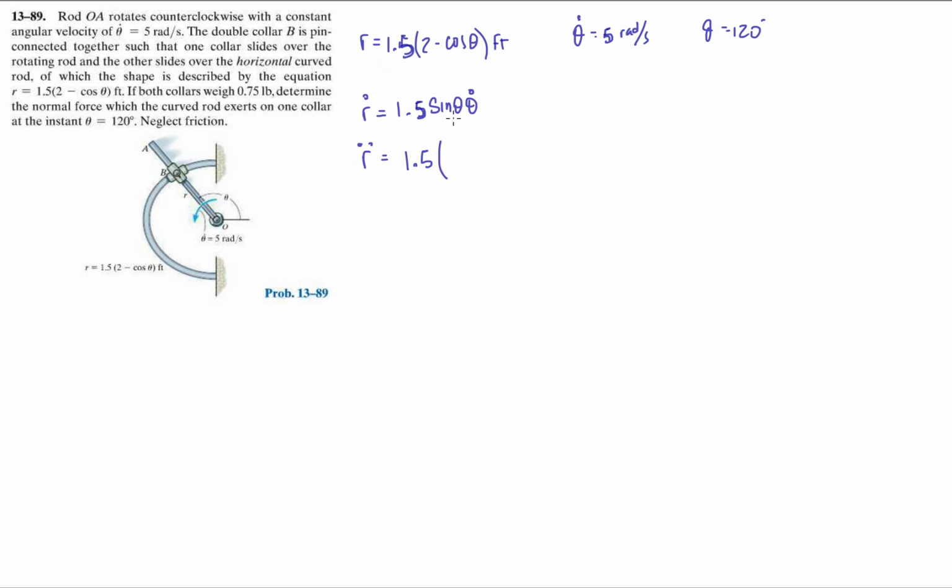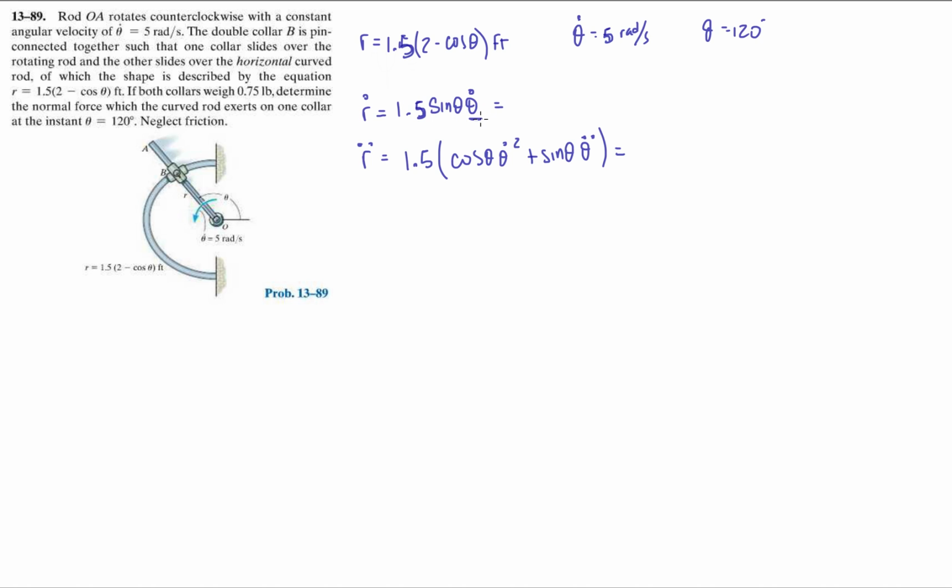Remember what I've done before. We look at the first one: the time derivative of sine theta is cos theta, theta dot, times theta dot. So you have that, plus sine theta times the derivative of the second term, which is this one right here, theta double dot. Okay, and this is our r dot, r double dot.